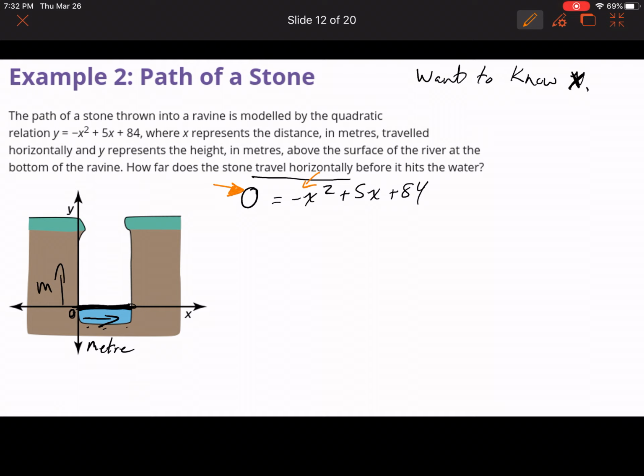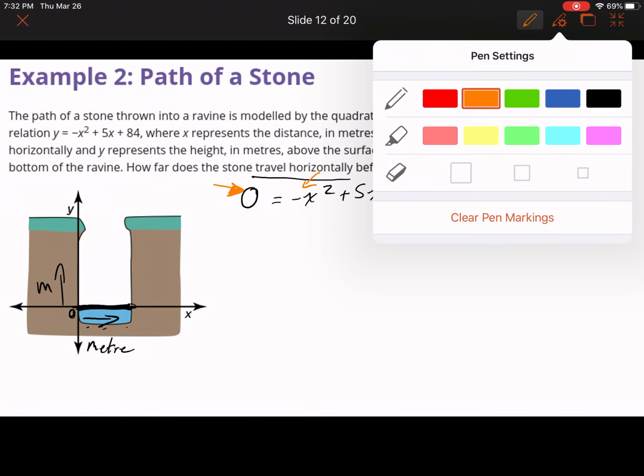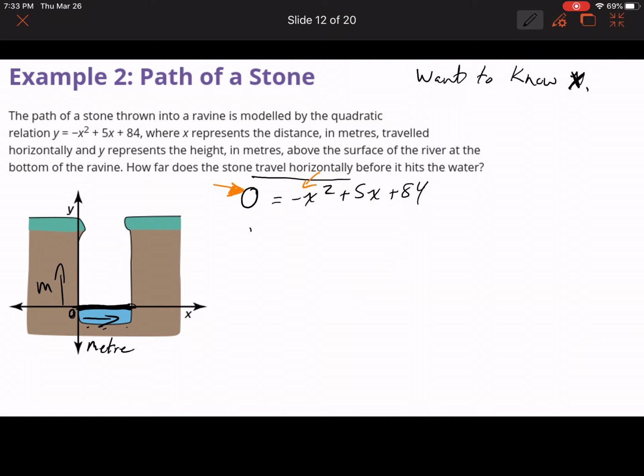So this will only work when we're equal to 0. When we're solving for x and it's equal to 0, we can factor out that -1. So let's factor it out first. So we're going to have that -1, and change all the signs inside.